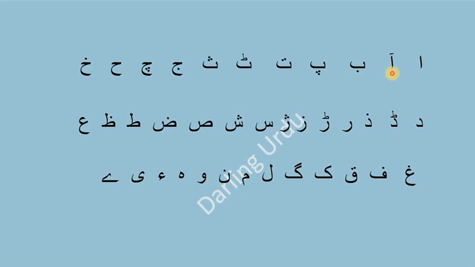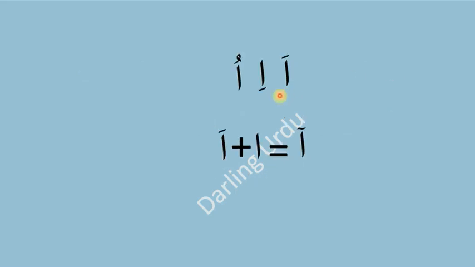And there has always been a disagreement among experts regarding the number of letters in Urdu alphabet. According to some experts, alif mad is not a separate letter. It is a modified form of alif. Okay, let me explain. You can see this is alif zabar, this is alif zer, and this is alif pesh: a, e, u.